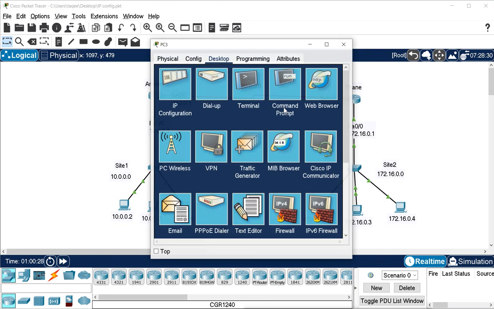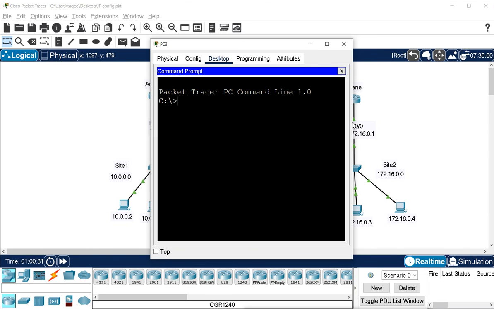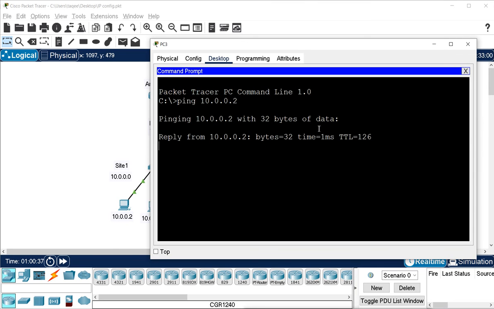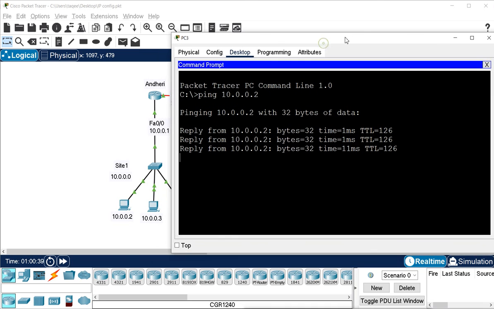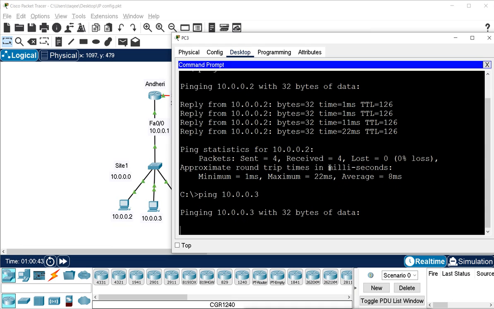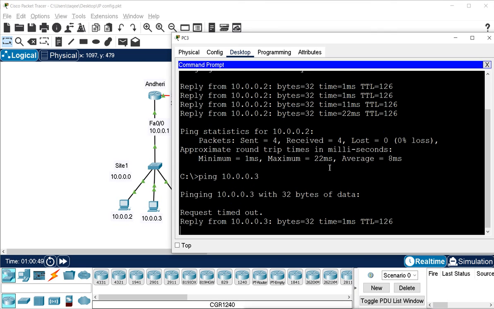So if we were not getting the reply previously, now I will try to ping again 10.2. I will get the reply here. As you can see, I am getting the reply from 10.3 also. Then from 10.2 also or 10.4 also I will get the reply.